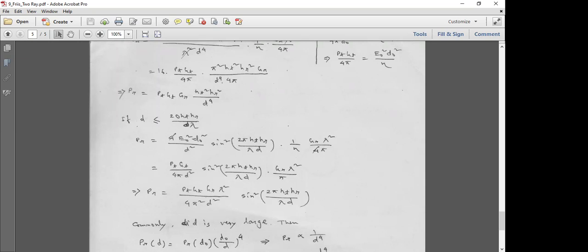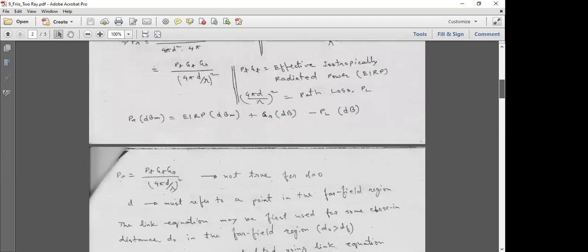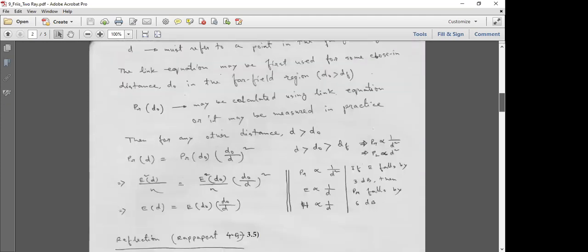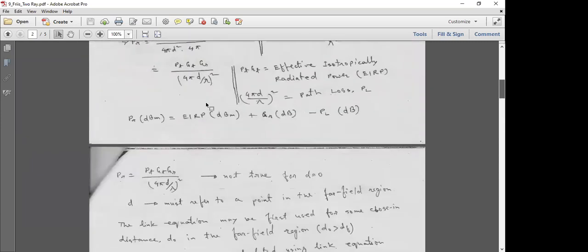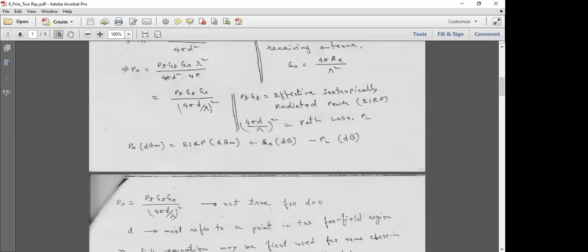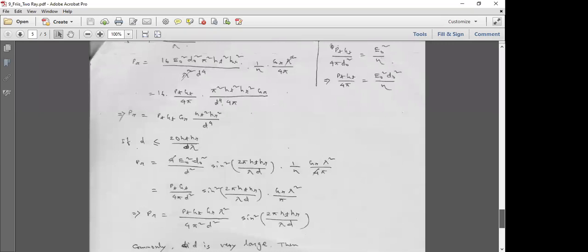If you compare with our one ray condition, the direct ray condition, then we have an inversely proportional relationship with d square. Now, with the presence of the second ray, it is inversely proportional to d to the power 4. So as we change the distance, it is changing with 1 over d to the power 4.